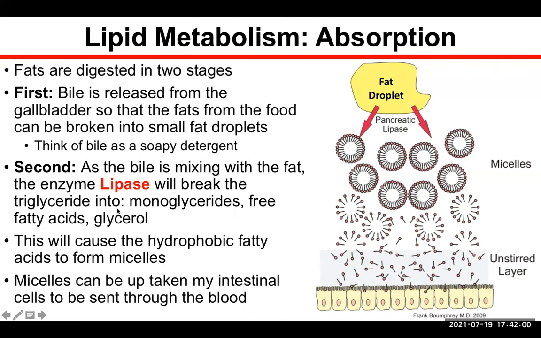When it's in these simple forms, because you still have hydrophobic molecules present, they are going to form these micelles. They're just like little balls of fat. Because they're mainly fatty acids and they're so tiny, your body is able to easily absorb them through the intestinal cells called enterocytes. Once they're absorbed, they can go ahead and get shuttled into the blood.